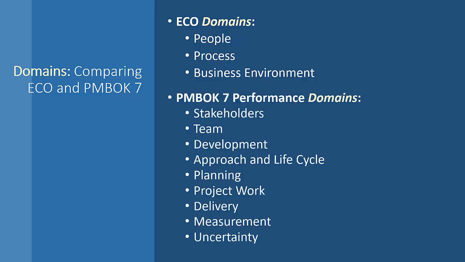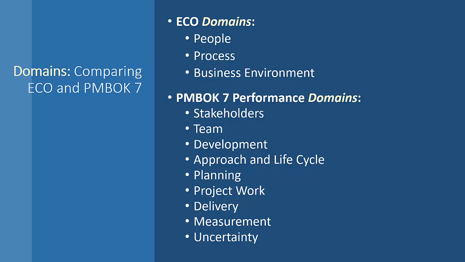While the PMBOK 7 performance domains are, as you can see, a very different logic. Now, for sure, we can map some of these, maybe teams, stakeholders, to people. We might have the approach and the life cycle and the planning and the project work, which kind of map up to processes. We surely can do some forced connection there, but it is a forced connection. They are clearly not aligned. They are not thought to be aligned.